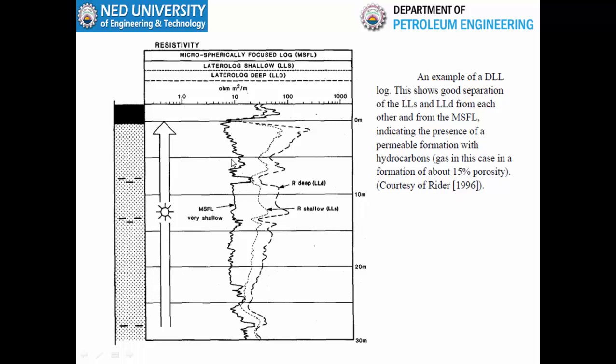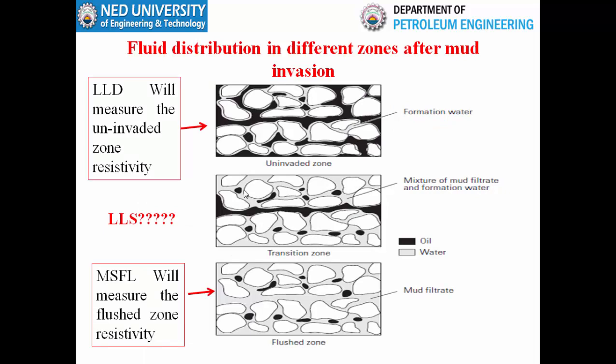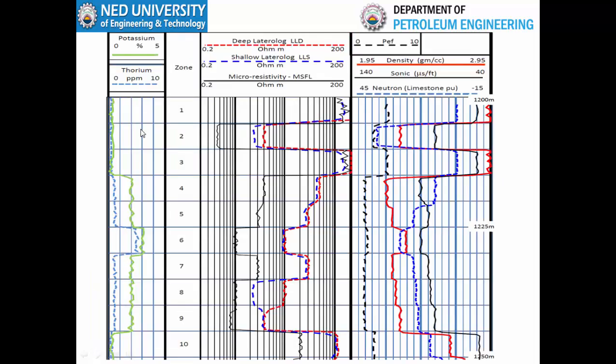So in that formation, if the deep zone shows very high resistivity, the large separation between the MSFL and the LLD indicates that this zone contains hydrocarbon. So the basic use of the resistivity log is to identify the hydrocarbon bearing zone, and this is done by comparing the MSFL value with the LLD value.